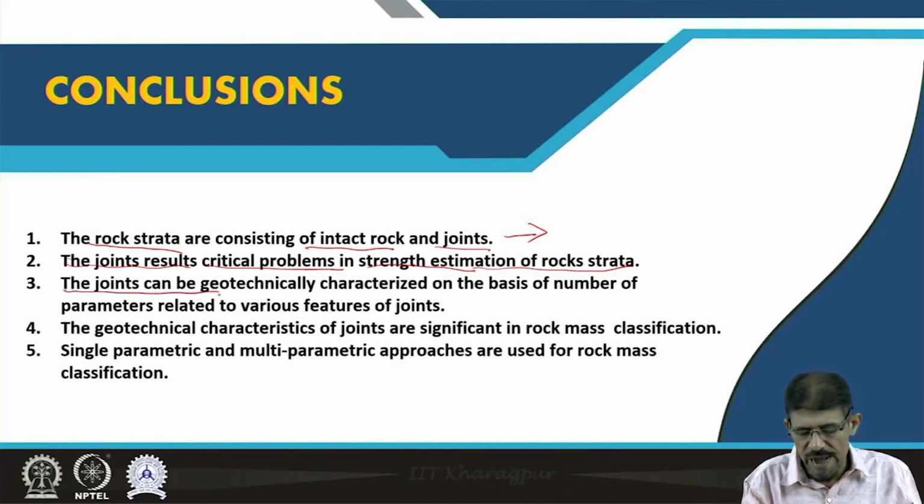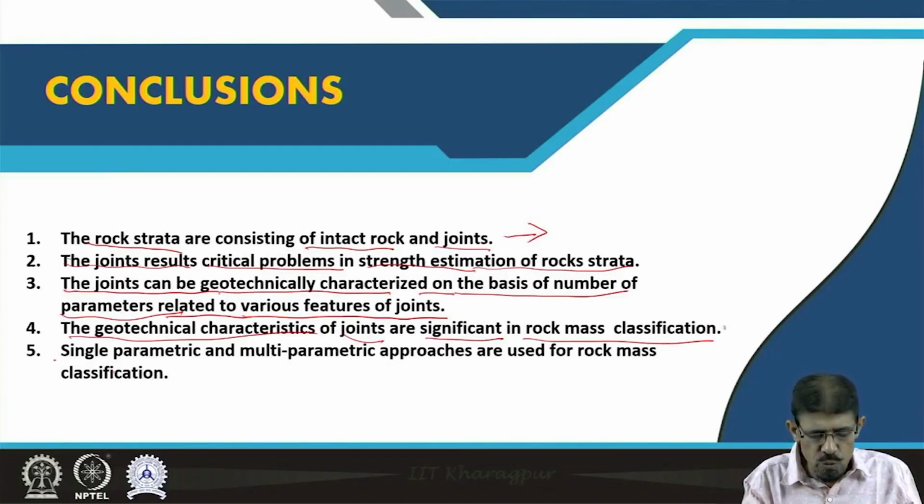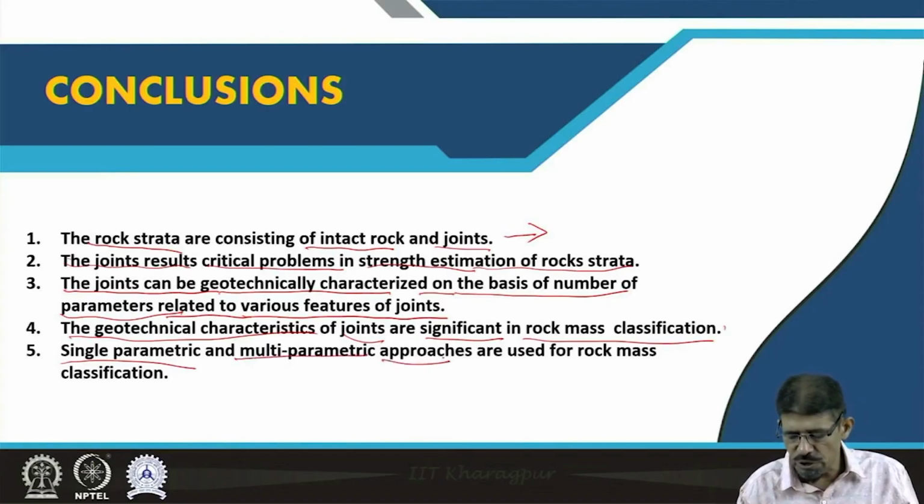The joints can be geotechnically characterized on the basis of a number of parameters which we have already discussed. The geotechnical characteristics of joints are significant in rock mass classification, and we have two approaches, single parametric and multi-parametric, for rock mass classification.